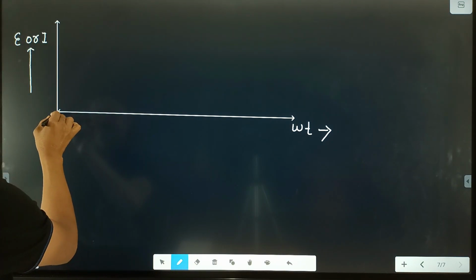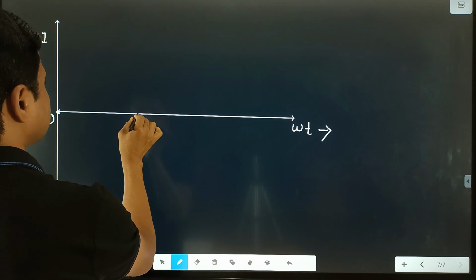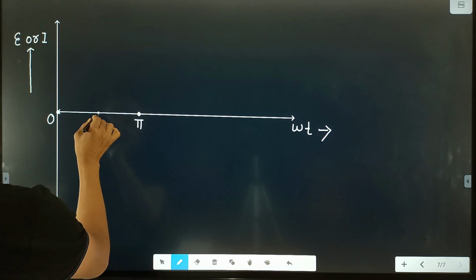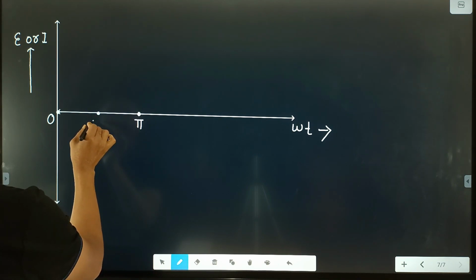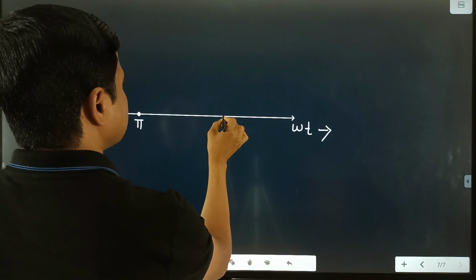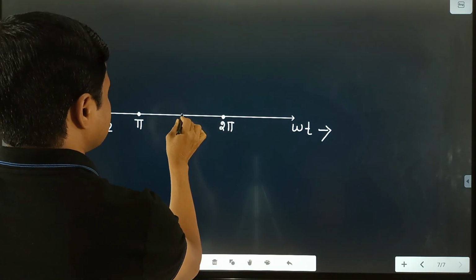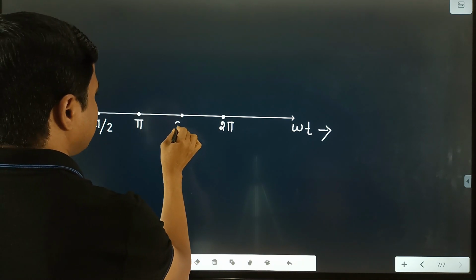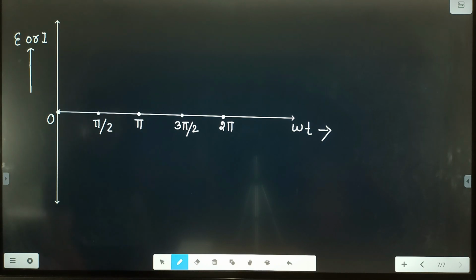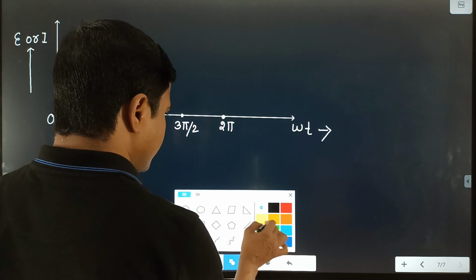This point is the starting point, origin, we write O. Up to this, suppose this is half cycle, we write pi. So this point is the half of the half cycle, we write pi by 2. Up to this is the full cycle, we write 2 pi. And this point, in between pi and 2 pi, is 3 pi by 2. Clear? And first we draw the graph for alternating EMF.